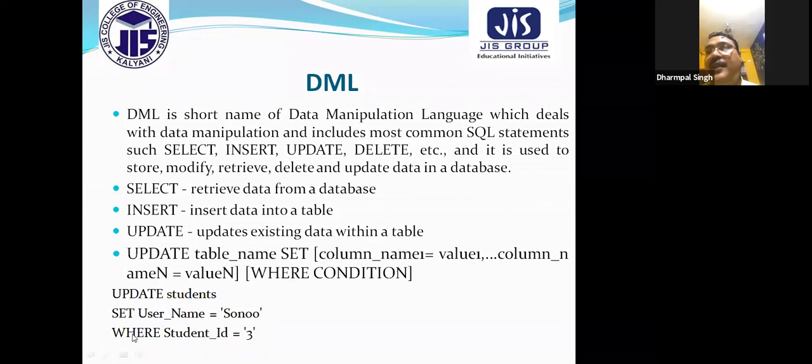If I only write update student set username Sonu, all the persons' names will become Sonu. So the task is to specify the row on which I want to perform the change. If the WHERE clause is not there, it changes that column for the whole table. So be careful about it.